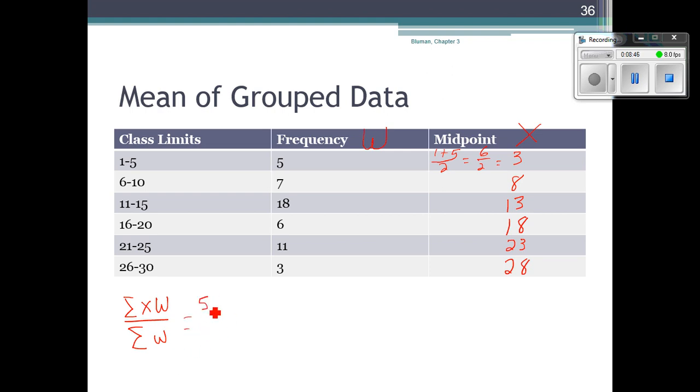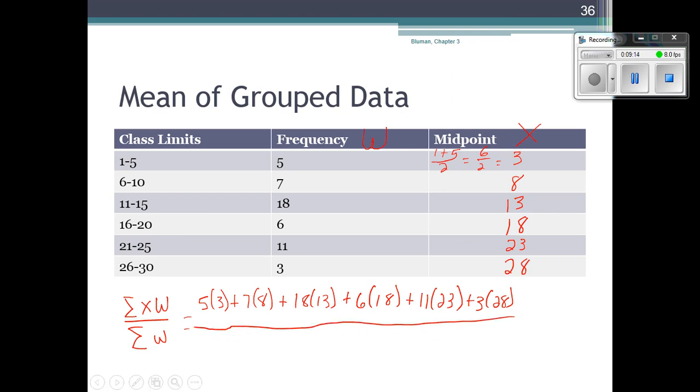We take 5 times 3, 7 times 8, 18 times 13, 6 times 18, 11 times 23, and 3 times 28. We're going to divide all of that by all of our weights added up.